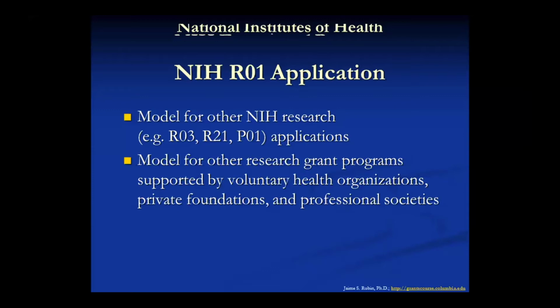As well, the approach to developing a competitive R01 application, the same skill set, can also be used when developing research grant applications for other funding agencies, non-government agencies, as I've listed here.